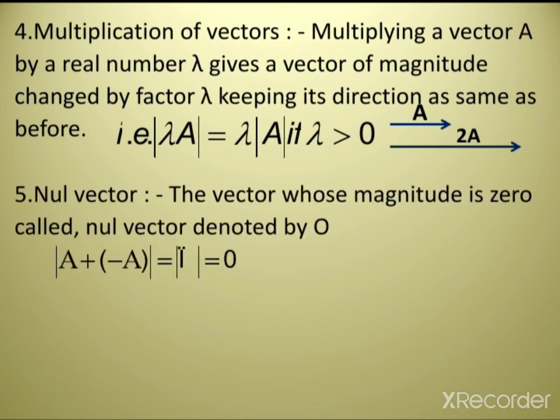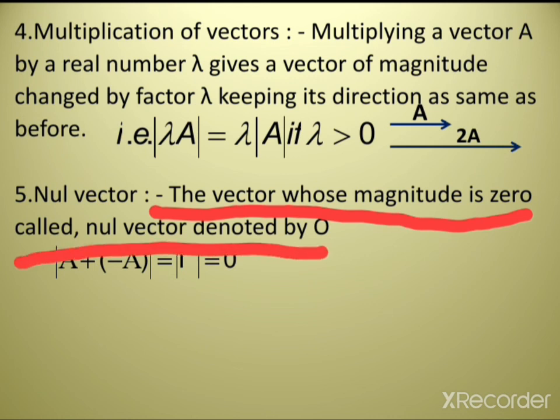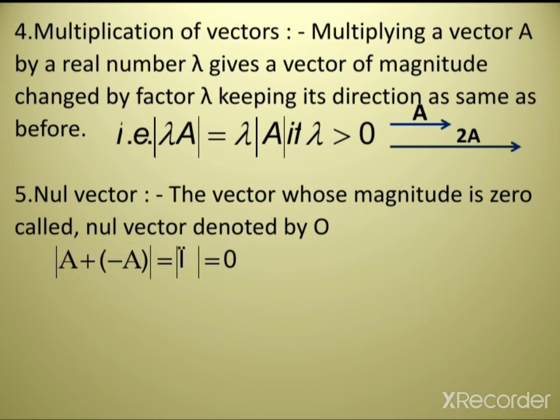Another is the null vector. The vector whose magnitude is 0 is called the null vector, and it is denoted by O. It is written like this: a minus a, the result is 0.